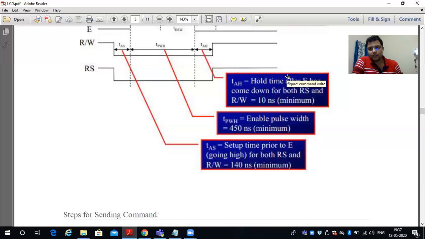In the next lecture, I will come up with the program in which we will display something over the display unit. We will control it with several commands. We will see how we can shift the cursor right and left, how we can move from one line to another, and then move from the second line back to the first line.